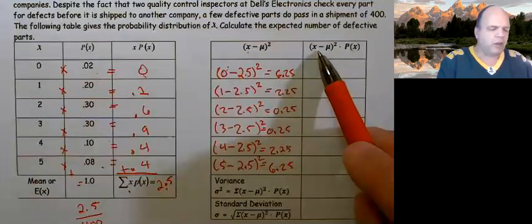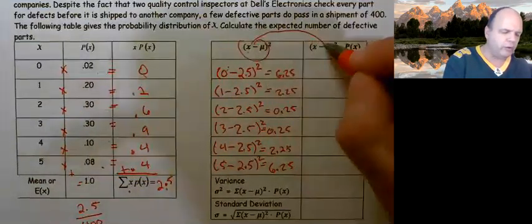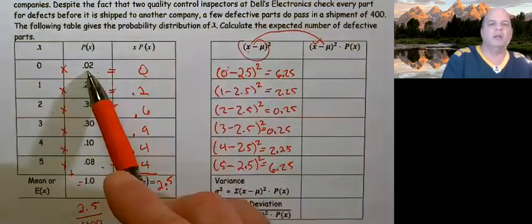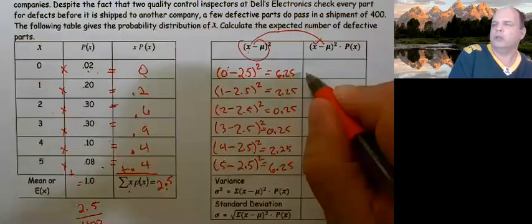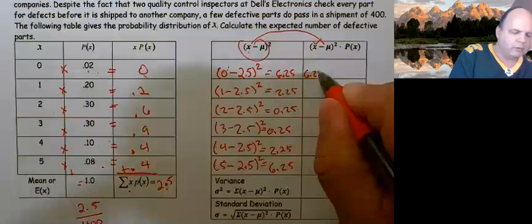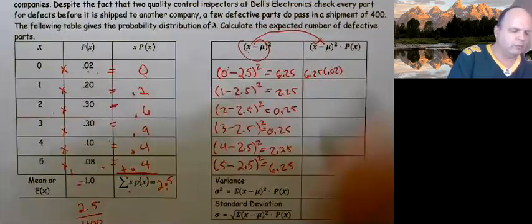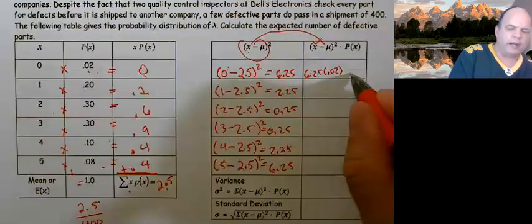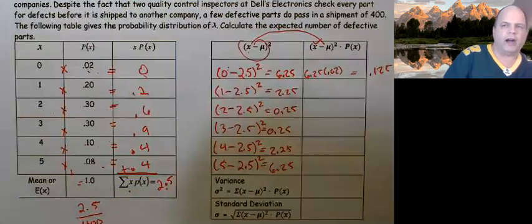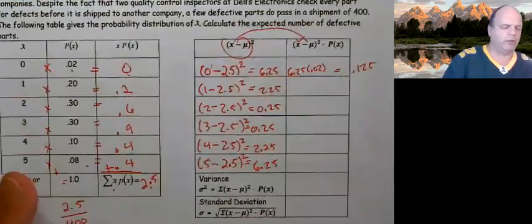Okay, this says we're going to take this difference, because this is the same as this, and multiply it by our original probability. So I'm just going to go 6.25 times 0.02. And when I do that, I end up getting 0.125. I'm going to scoot this over just a little bit so we can see it.